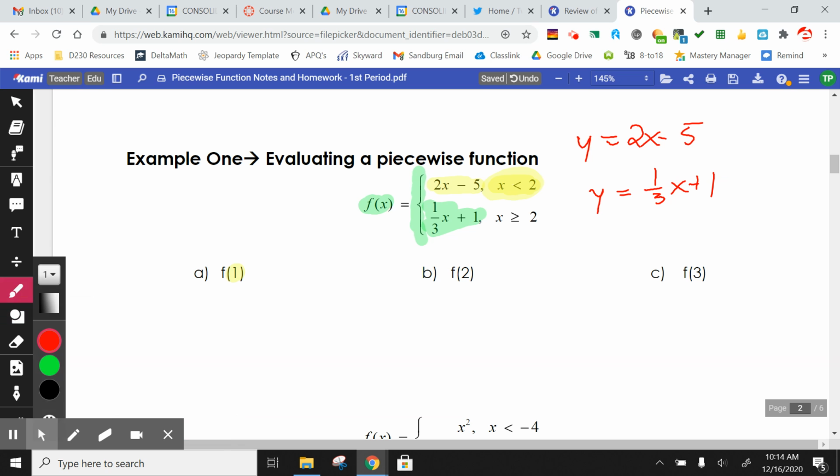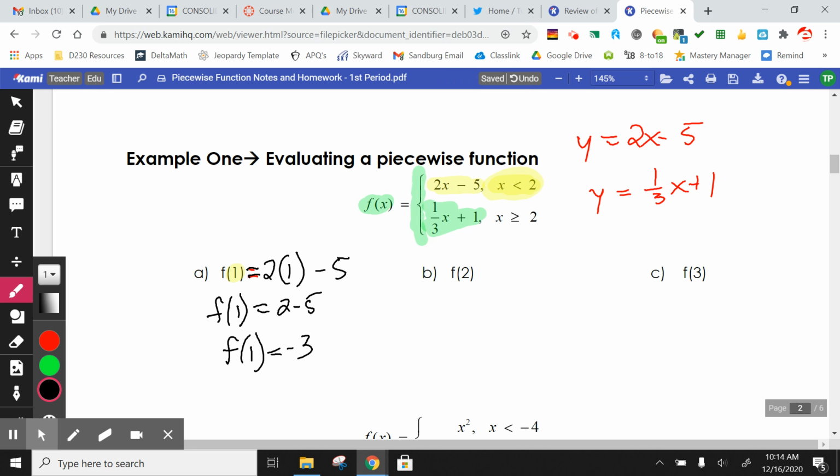Instead of 2x minus 5, wherever we have an x, we're going to plug in the 1. So f of 1 is equal to 2 minus 5. So f of 1 would be negative 3.